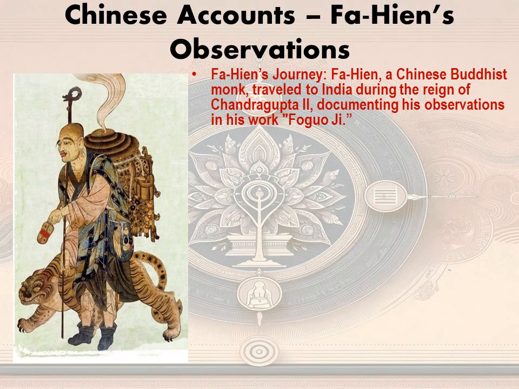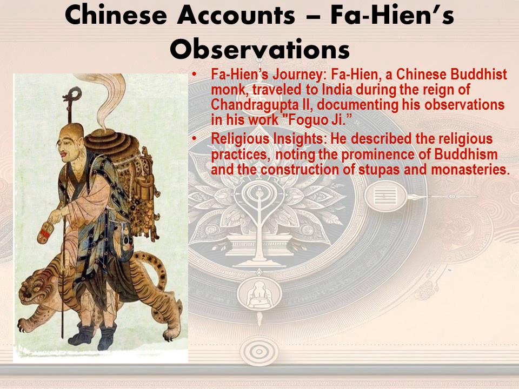Even though the name of the ruler Chandragupta II has not been mentioned in any of the writings of Fa-Hien, still from other sources we come to know that he came during the time of Chandragupta II, and all the observations of the time have been recorded in the work Fuguo Ji.